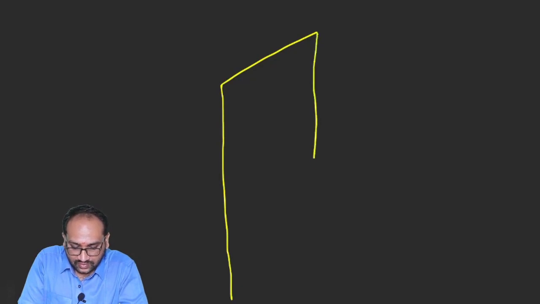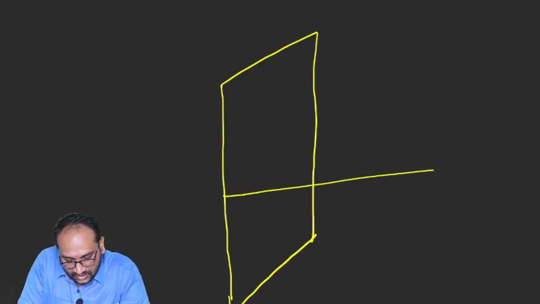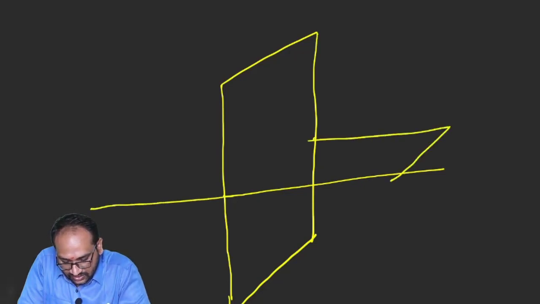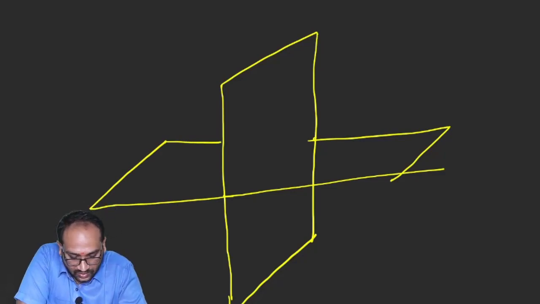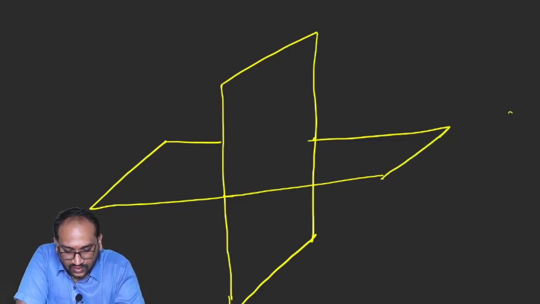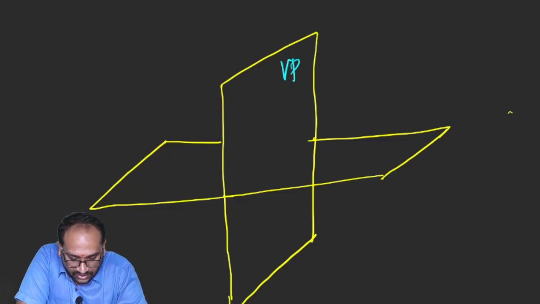Okay, let us consider this. This one is the vertical plane and this one is the horizontal plane, and this line is called the XY reference line.